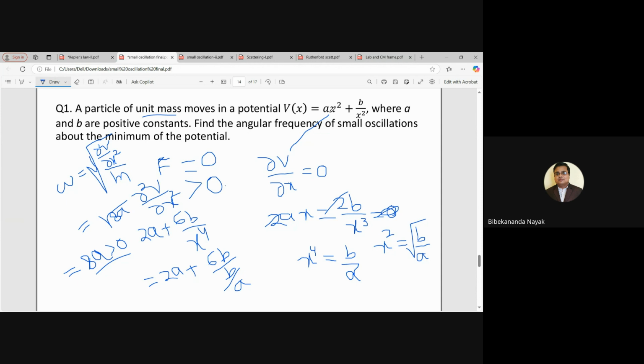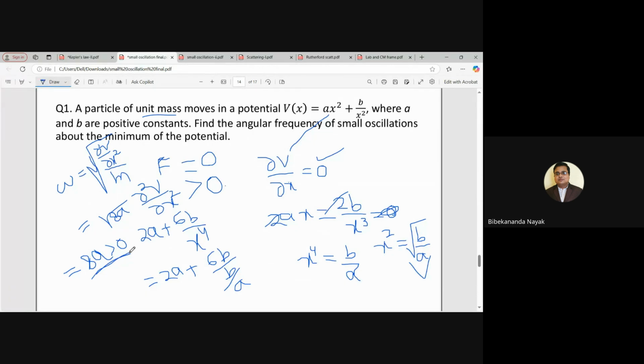What do we do? First we take its derivative to get the equilibrium point. Del V by del x is equal to minus F, but if you multiply by minus, the zero will be the same. So first check the equilibrium point: setting del V by del x to 0, we find the equilibrium point. Then we calculate the second derivative and evaluate it at the equilibrium point.